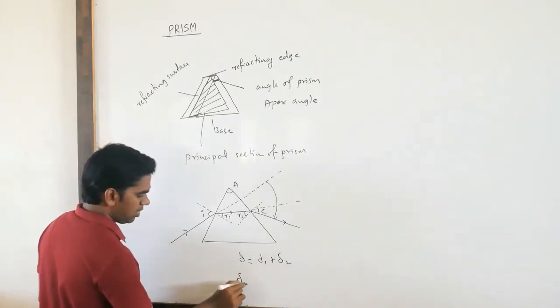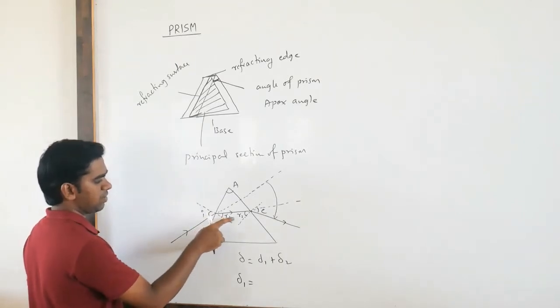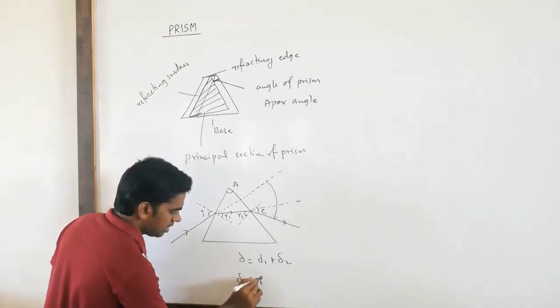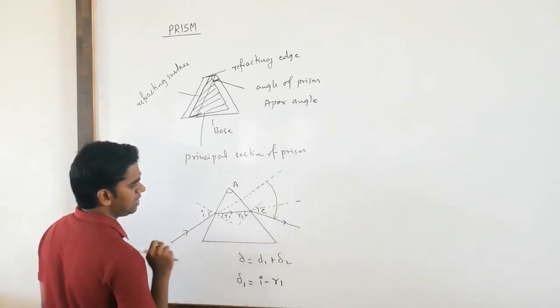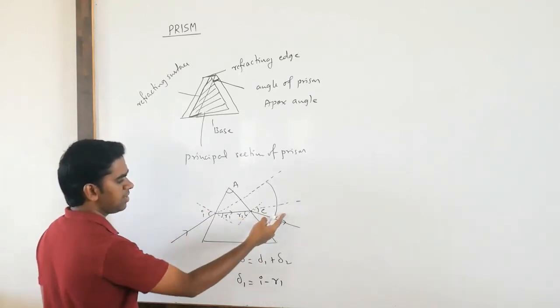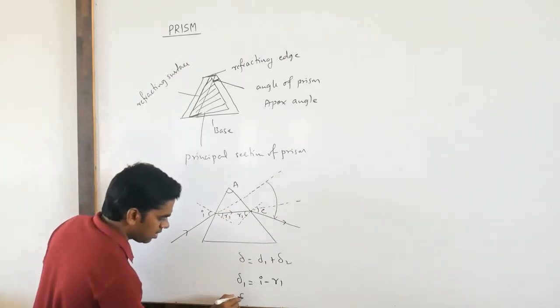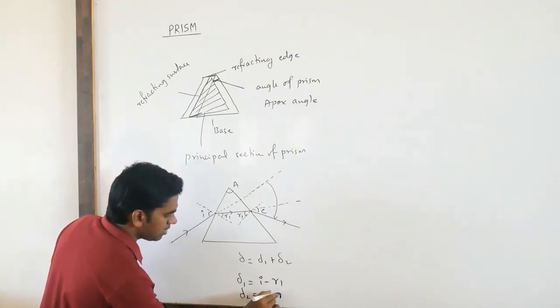What is the deviation delta 1? Here I is greater than R1 because R1 is in the denser medium and I is in the rarer medium, so delta 1 is I minus R1. Similarly delta 2: here the ray travels from denser to rarer, so the angle of emergence is greater than the angle of incidence R2, and delta 2 becomes E minus R2.